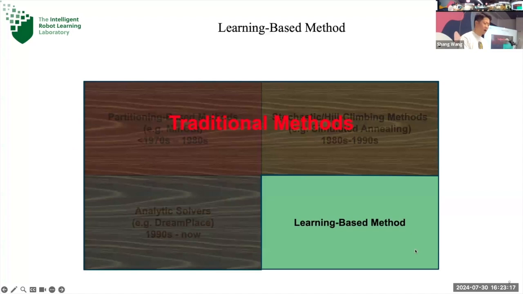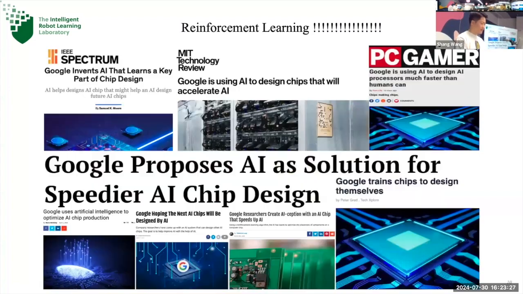Along with the development of chip design skills, researchers started to look for more effective placement methods. They moved to learning-based methods, particularly RL-based methods. Google in 2020 published a Nature paper about applying reinforcement learning to chip design, which totally shocked the whole EDA domain.